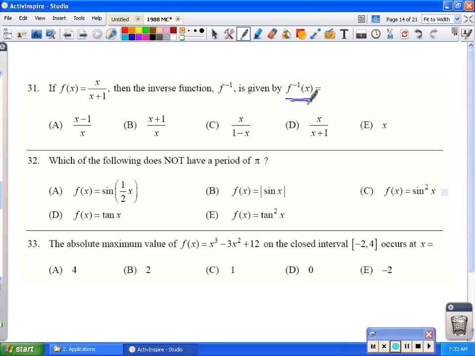So here's how I think I would do this problem. Number one, I would actually find the inverse function. Now, remember, inverse functions, you get y equal to x over x plus 1, and for an inverse, the x's and y's switch places, so you get x equal to y over y plus 1. Remember, inverse functions, you switch the x and y.